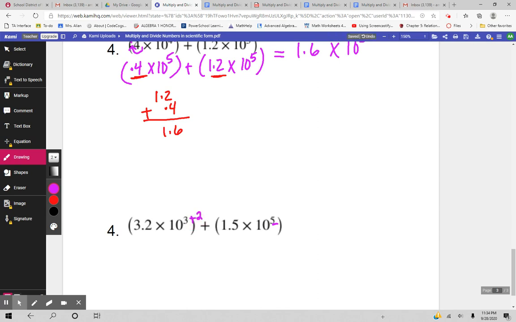Because you added 2 here, it means you made it bigger by 100. So you have to do the same thing here. You have to make it smaller by 100. So you're going to move the decimal 2 places to the left. So you end up with 0.032 times 10 to the 5th.